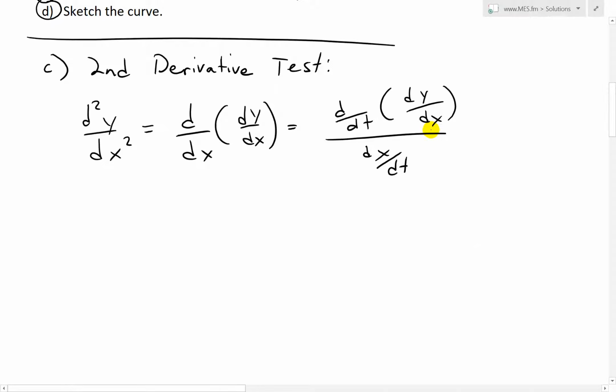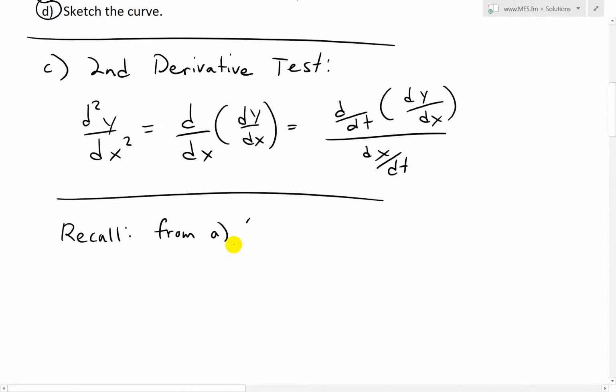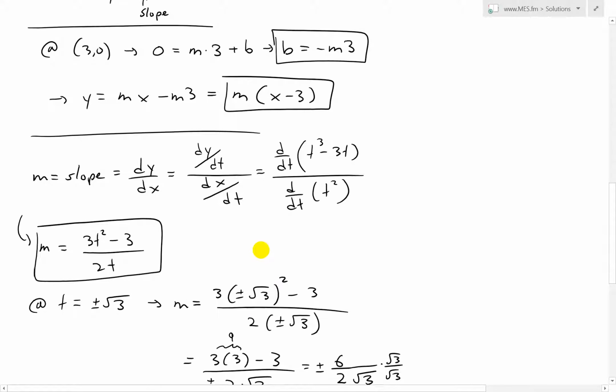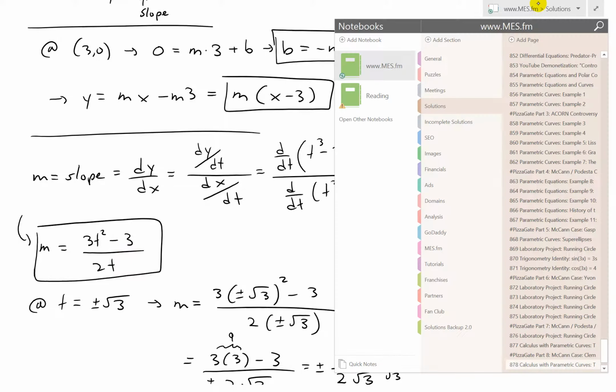So we have this scenario, and now recall from part A, or part 1, where I showed, and you can see this here, let's go to part 1, click this here, that the slope in this particular example, dy over dx, equals this, etc., and I solved it, and it equals (3t squared minus 3) over 2t.